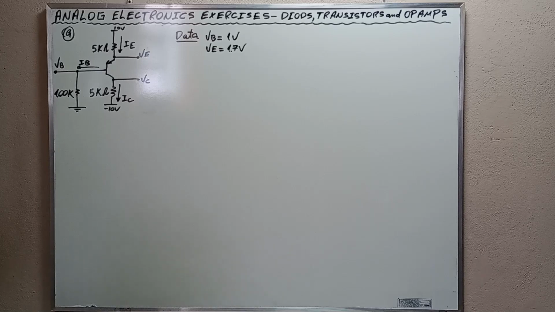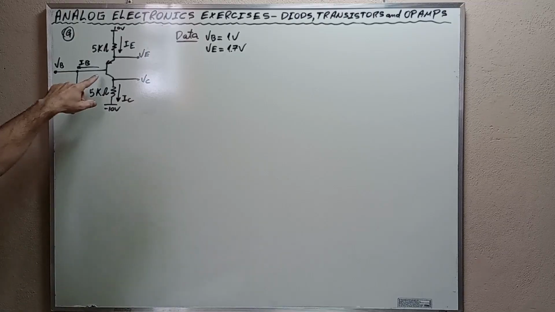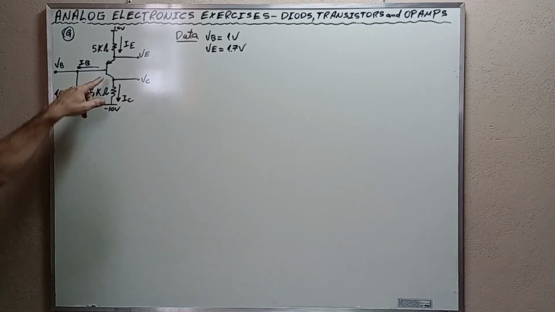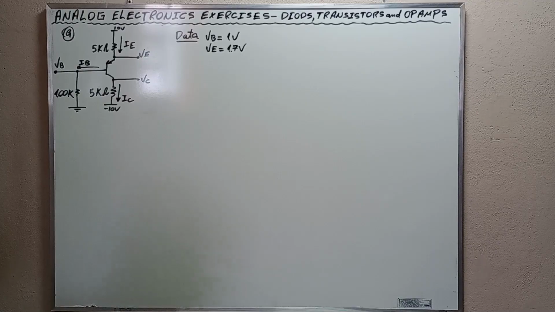Okay, my friends, this is the exercise. Let's go to the solution. Firstly, we need to understand what kind of transistor we are working with. This is a PNP bipolar transistor.